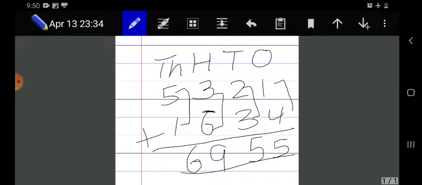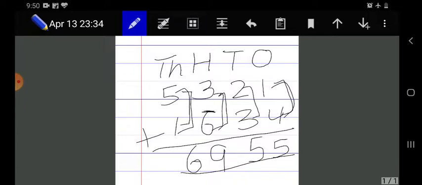We have added the digit at ones place with the other digit at ones place, both the digits at tens place, both at hundreds place, and both at thousands place. So in this sum, we have done addition without carry. No number is taken forward.